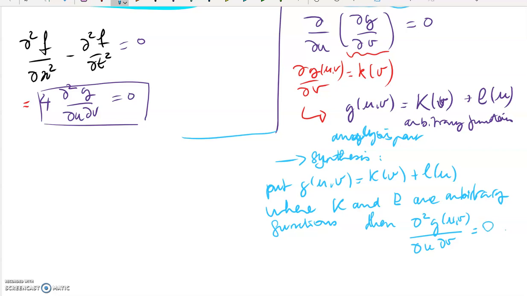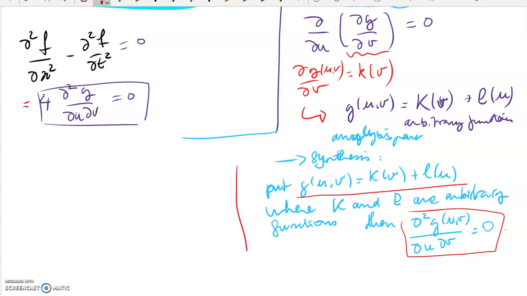So that's a solution, and that's it. That's all we need for the synthesis. If we decide that our function g of uv is the sum of those two separate functions, then it solves the simplified equation, but we saw that it was really equivalent to the other equation.